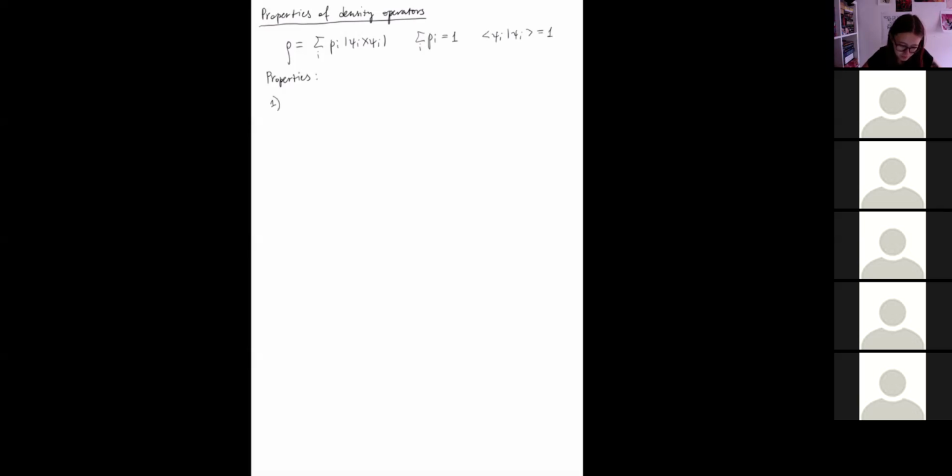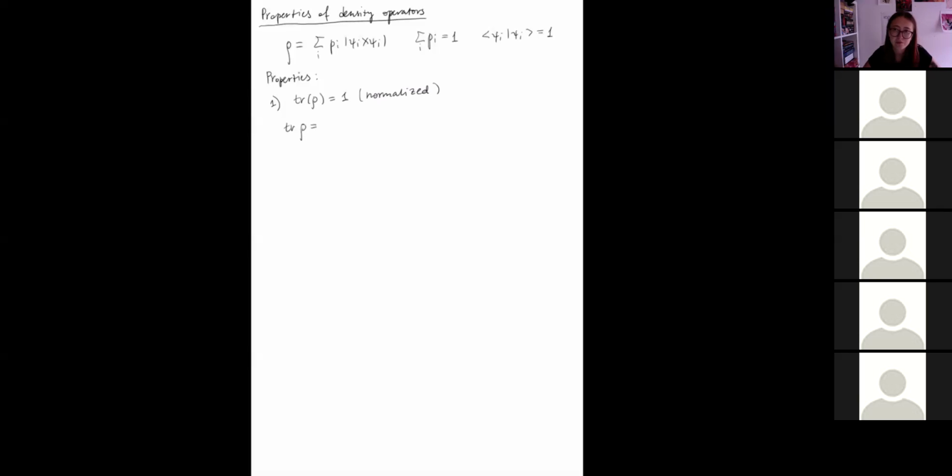First, the trace of rho equals 1. So the density operator is normalized. Why is this correct? Let us look at how we can show it.